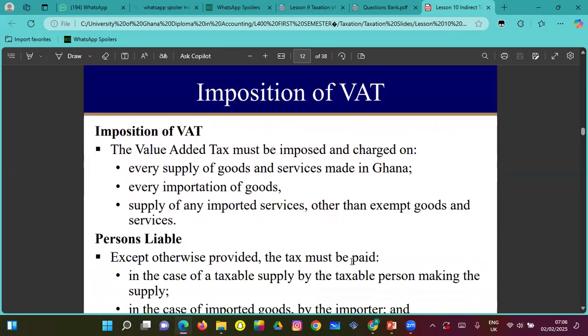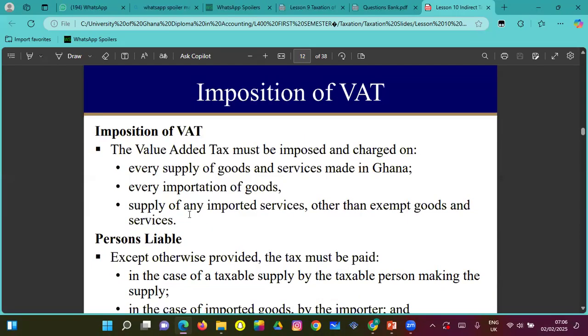So let's move on to the imposition of VAT. The value added tax must be imposed and charged on every supply of goods and services made in Ghana. So every supply of goods and services that has been made in Ghana is supposed to have VAT added. Every importation of goods and services, so when you import any goods into Ghana, you have to add VAT to it.